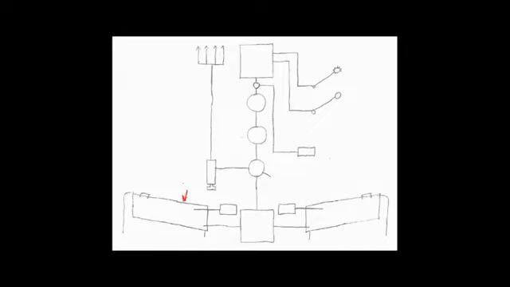So let's see. Here's a tank, fuel tank. And here's our filler cap. And we have a vent. And just to make it less cluttered, we have the tank drain.